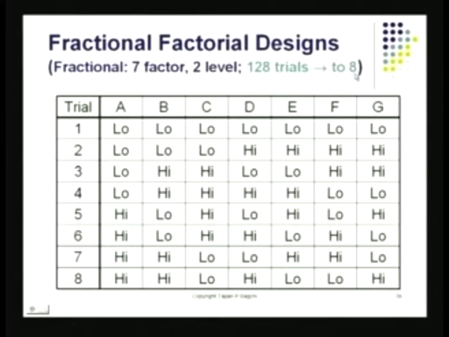I'm running only 8 trials, and I'm running a special scheme of the experiment, run in such a way that I can cover 2 settings of A, 2 settings of B, C, D, E, F and G. Having done this, I've got only 8 trials done.